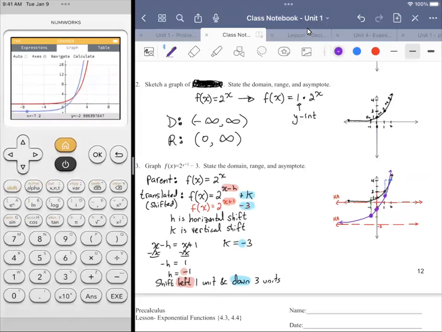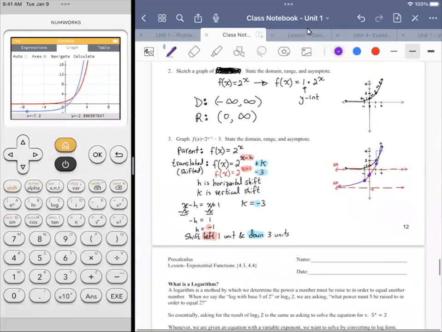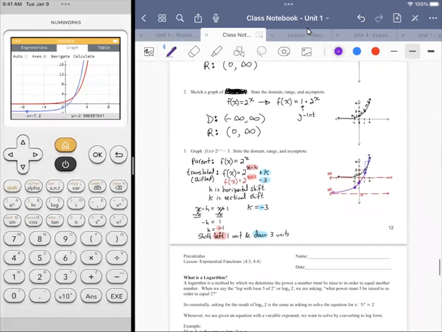See, the blue part of it is shifted to the left and down. It's not obvious on the left-hand side of the graph that it's shifted left, but on the right-hand side it is, because it's now to the left of the red curve. The red curve is the original, the parent function, and the blue curve is the one that was shifted over and down. That's a little taste of the graphs of exponential functions.